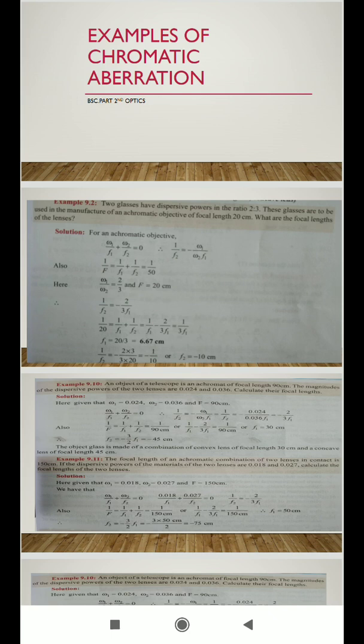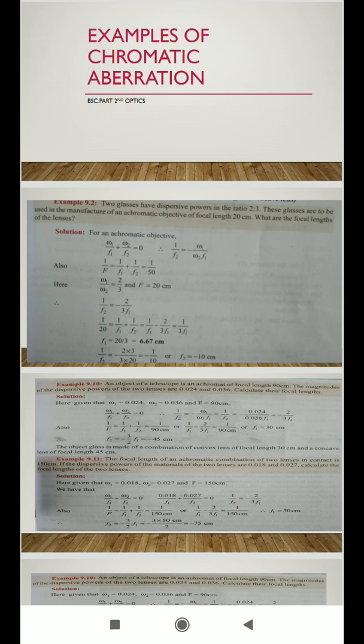We have seen this condition. This is the condition in which two glasses are in contact. So in this case the relation is omega 1 upon f1 plus omega 2 upon f2 is equal to 0.